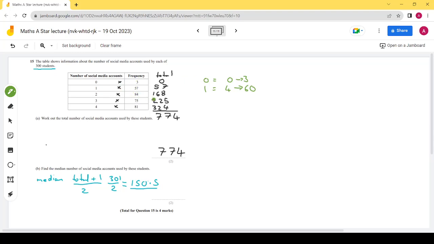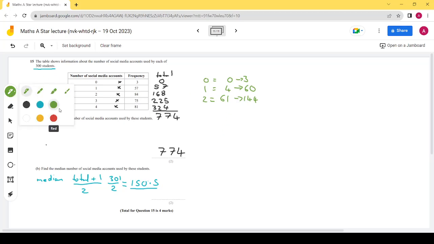So it's like the fourth result up to the 60th. And so 2 is going to be from the 61st result to the 144th result. And we're looking for 150.5, so we still haven't reached it.